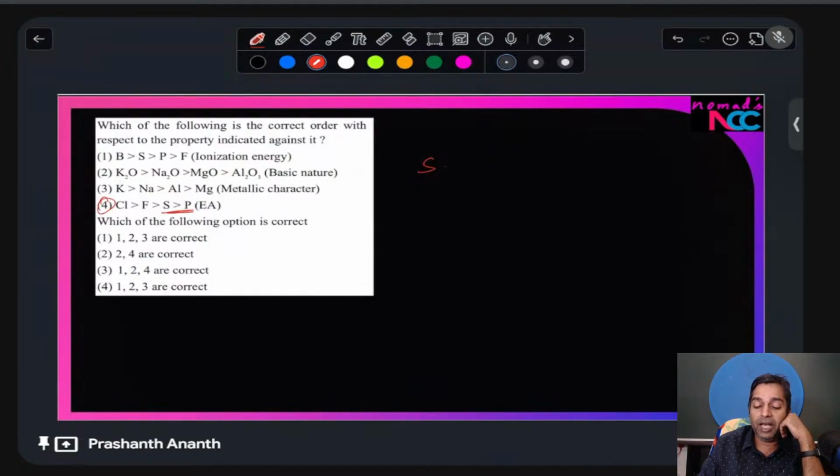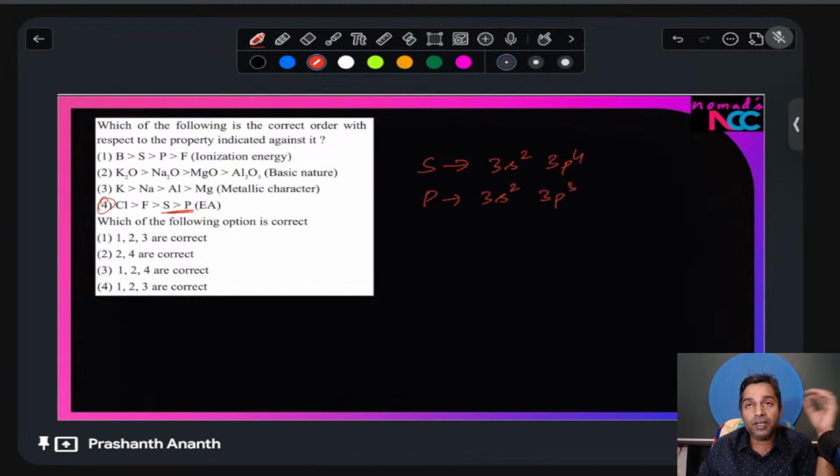Sulfur has configuration 3s2 3p4, whereas phosphorus has configuration 3s2 3p3. Because phosphorus already has a reasonably stable electronic configuration in the valence shell, especially half-filled p, it becomes a little bit more difficult for it to accept the next electron. Whereas sulfur can accept the electron more conveniently. So this is correct over here.